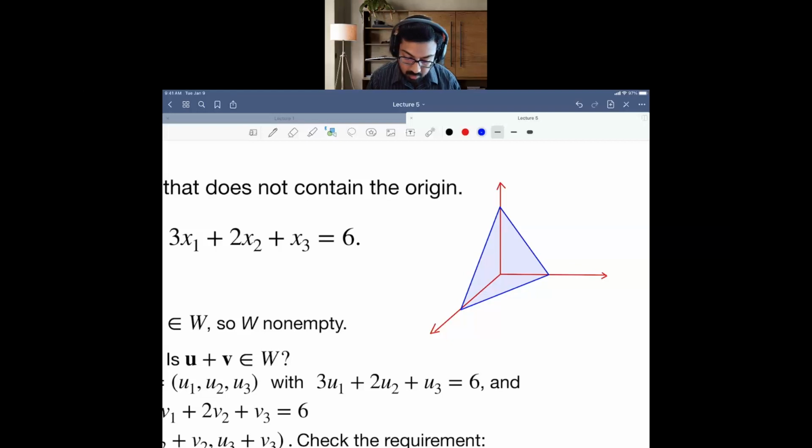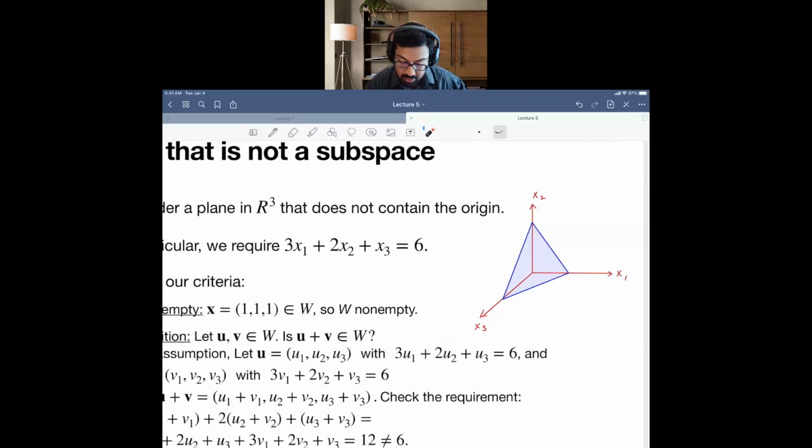I can do all the other things. For example, I can say this is x1, x2, x3, and depending on how this condition is satisfied, I can find out these 3 points. I'm sure you guys know how to do all of that, right? So that's the plane that I'm talking about. It is a plane in 3 space or R cubed that does not contain the origin.